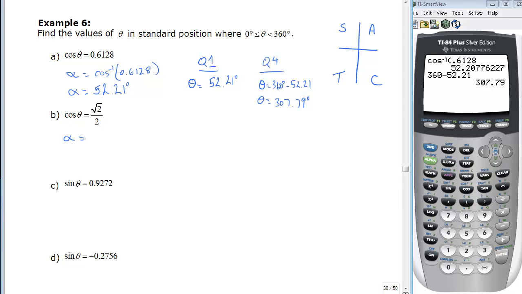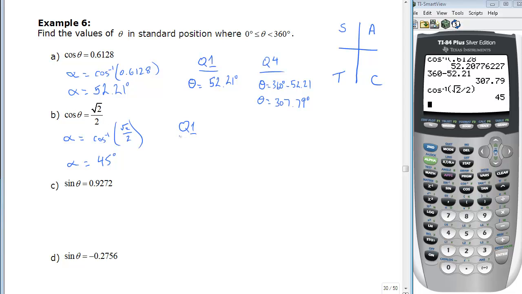So we'll go ahead to the next one now. We start with the reference angle first. That's going to be the cosine inverse of root 2 over 2. It gives us exactly 45 degrees. Then we need to say, okay, where is cosine positive? So we figure out our quadrants. Again, that's quadrant 1 or quadrant 4. In quadrant 1, theta is equal to the reference angle, so 45 degrees.